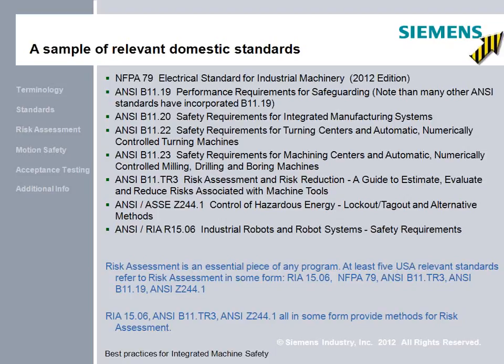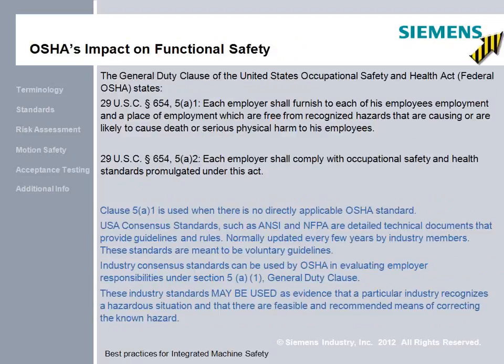The big changes, from my perspective, revolve around wireless or cableless pendants and continue to harmonize, or attempt to harmonize, with European and international standards. The ANSI B11 series, of course, for safeguarding are very important, and in particular, I suggest you become familiar with ANSI B11 TR3 for the topics of risk assessment and risk reduction.